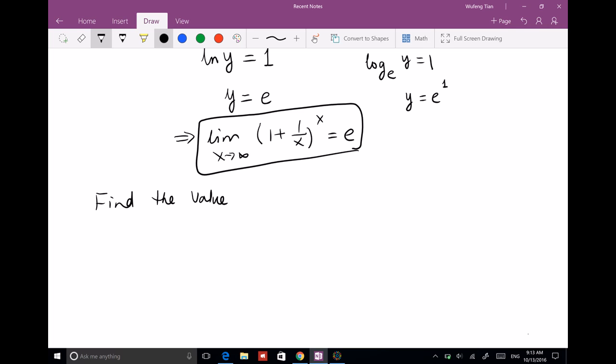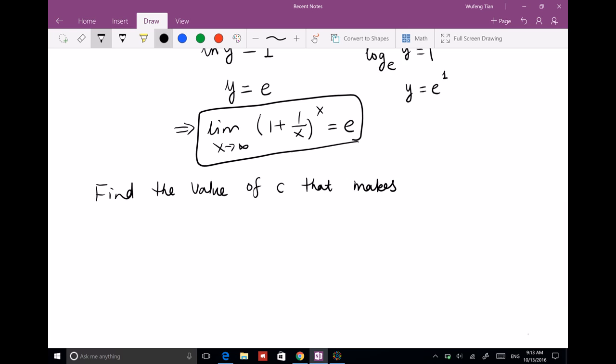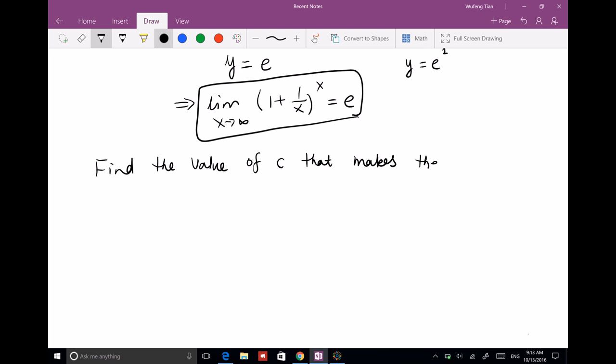Use the value of c that makes the function continuous at x equals 0.